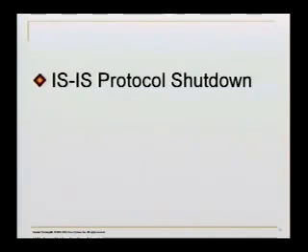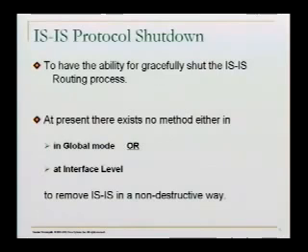Obviously you want to make sure that before you turn it on, there are no mistakes. It gives you a second look before you actually turn on the protocol. You can do it either in the global mode or at the interface mode.